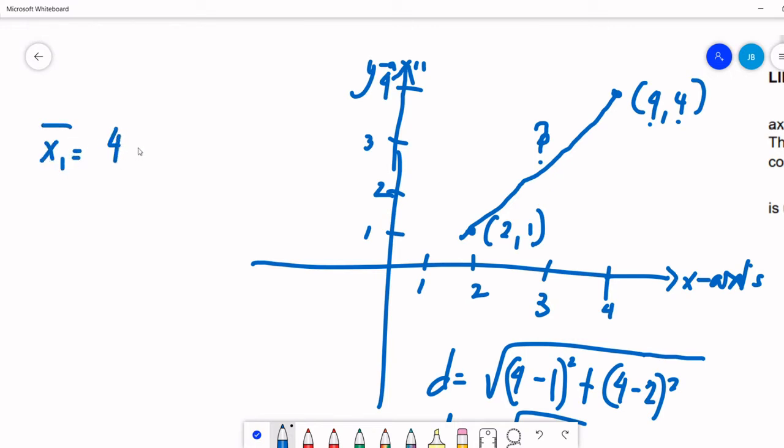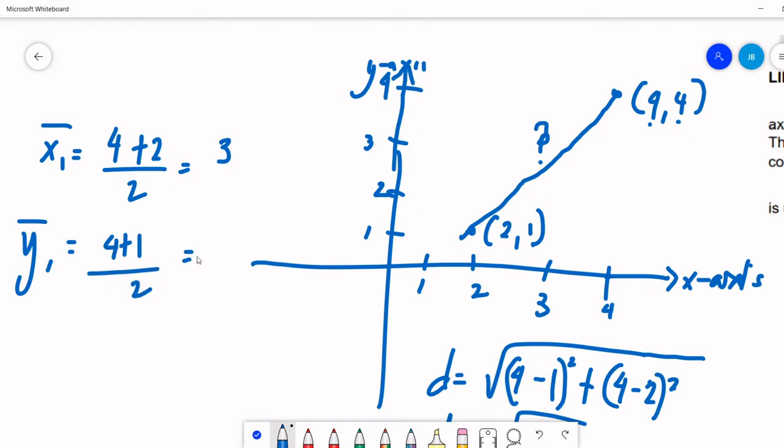For x, it would be 4 plus 2 over 2, which is 6 over 2, that is 3. And for y, that would be 4 plus 1 over 2, which is 5 halves or 2.5. Therefore, your midpoint is 3 and 2.5, or 5 halves. So where is 3 and 2.5? Somewhere here. So this is our midpoint.